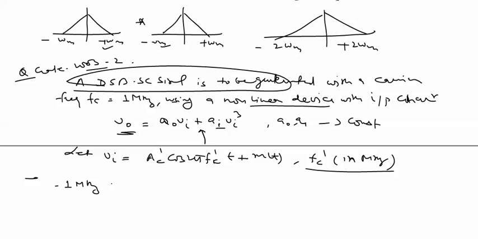The difference between double sideband suppressed carrier and AM is that AM is DSB with carrier FC. If the carrier is absent, this is DSB-SC.